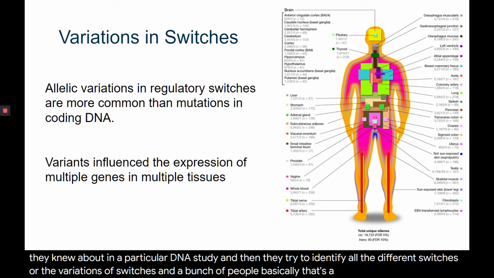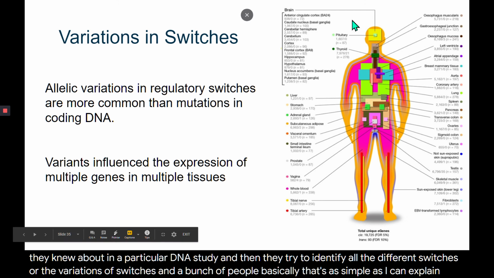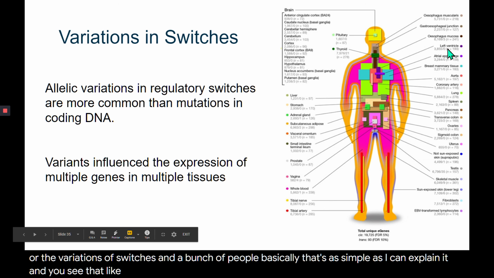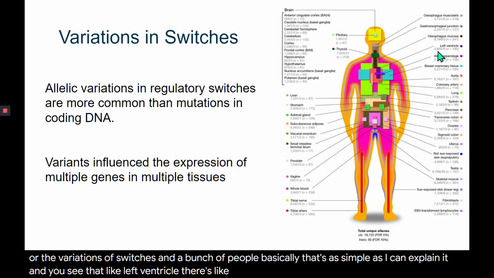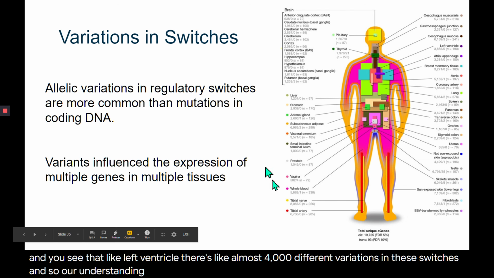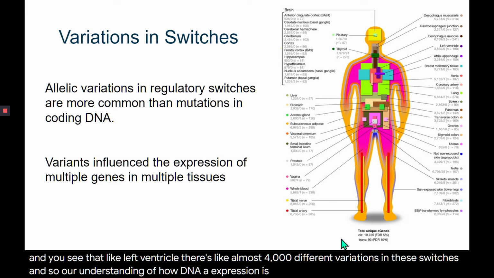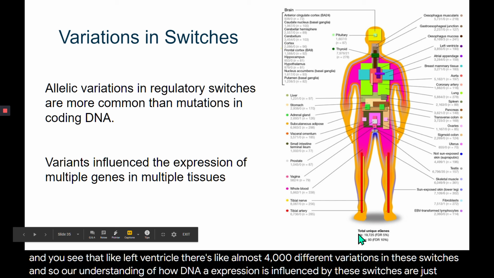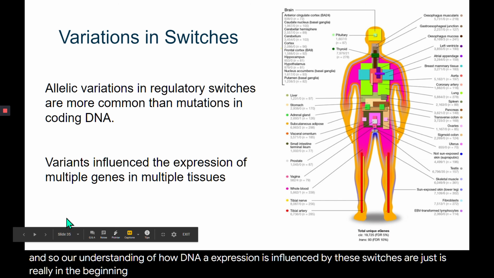That's as simple as I can explain it. And you see that, like, left ventricle, there's almost 4,000 different variations in these switches. And so our understanding of how DNA expression is influenced by these switches is really in the beginning stages.